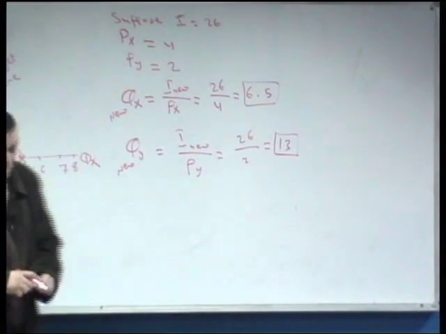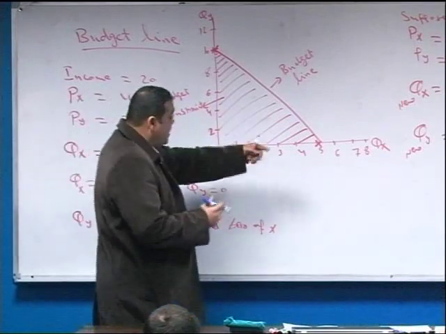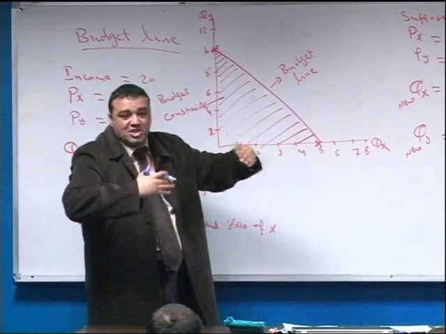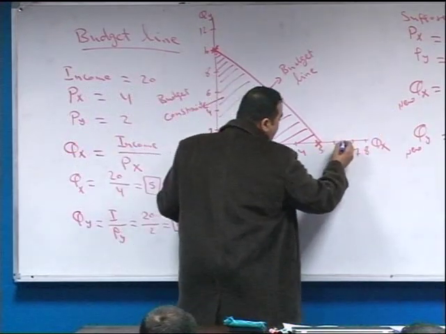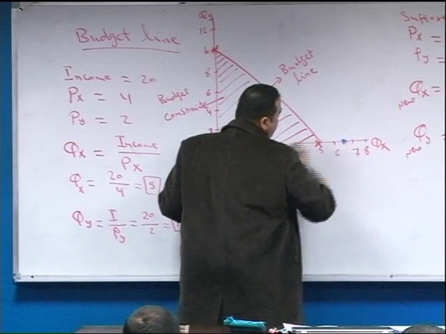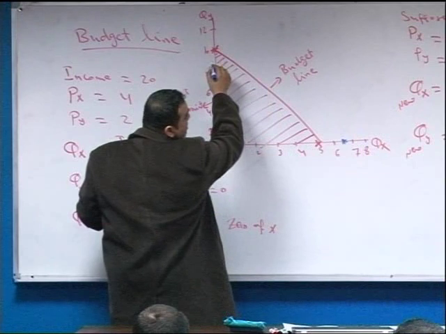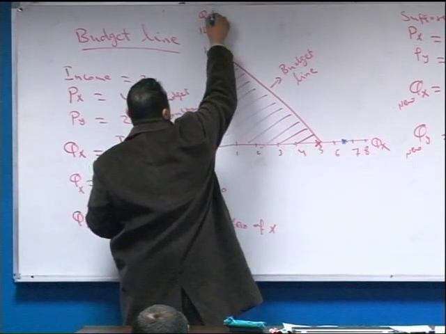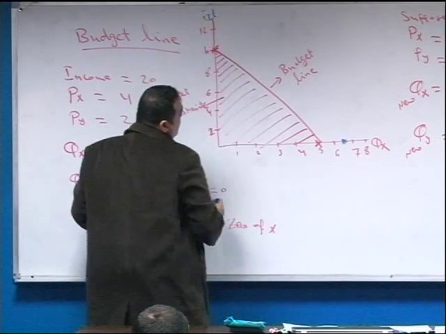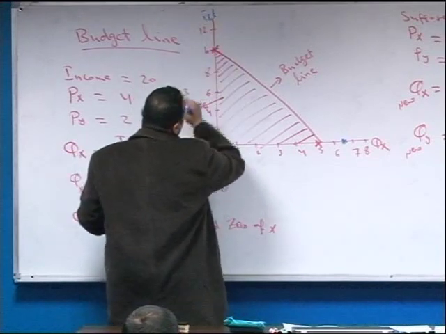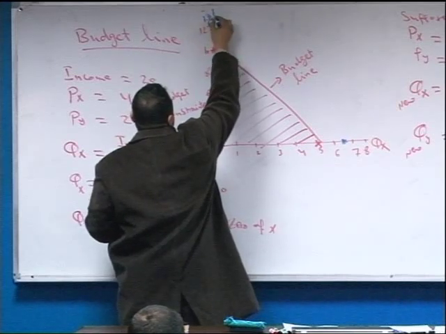Let's come back to this diagram to explain the change in the budget line. The new X is 6.5, and the new Y is 13. The quantity of Y is 13 here. Let's connect these 2 points. Here, 13.